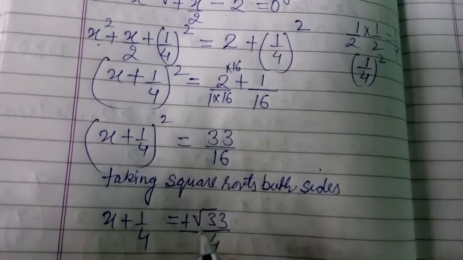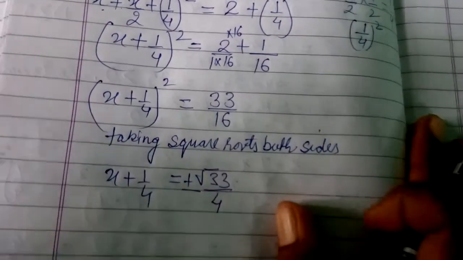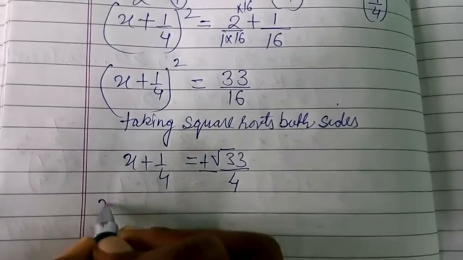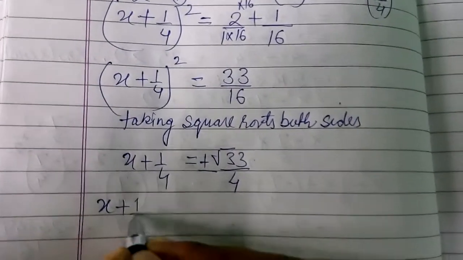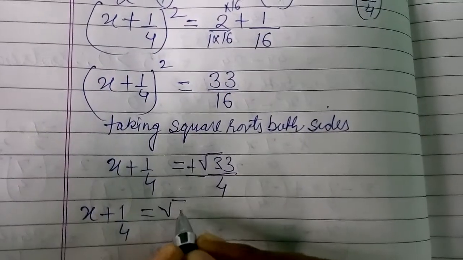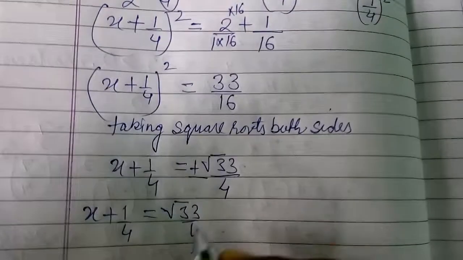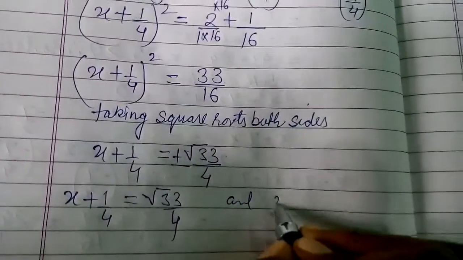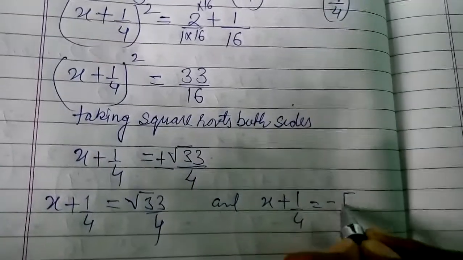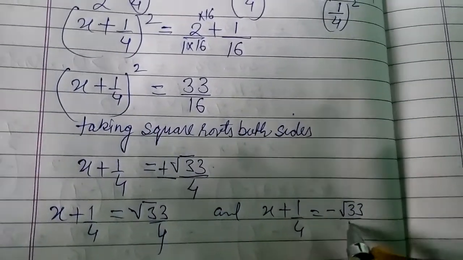I'll get two values, one positive and the other negative. So x plus 1 by 4 is equal to, firstly the positive value, root 33 by 4, and second, x plus 1 by 4 is equal to minus under root 33 by 4.